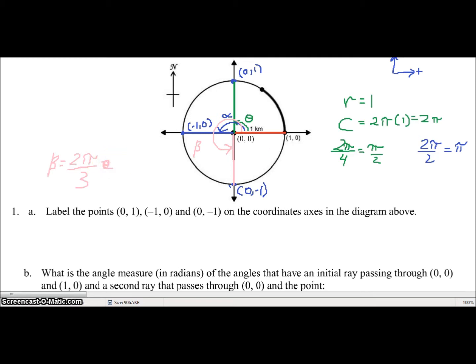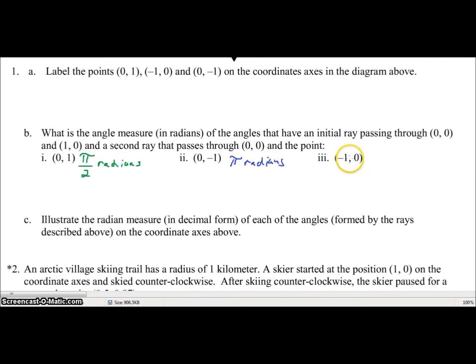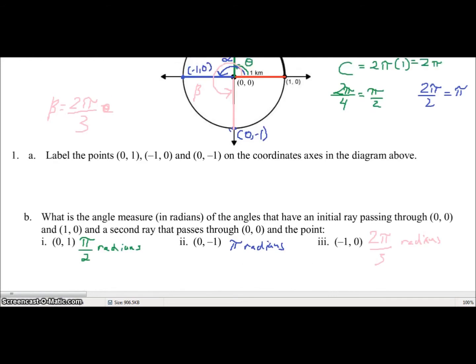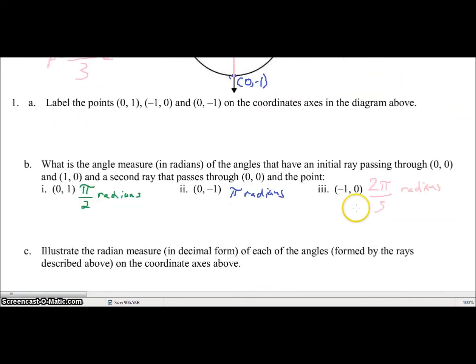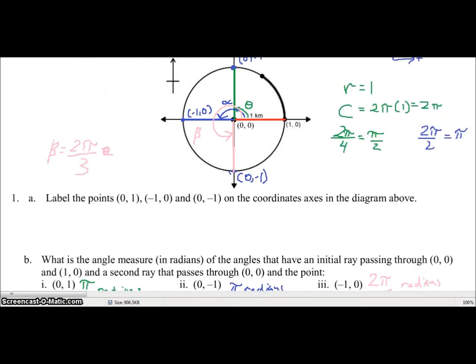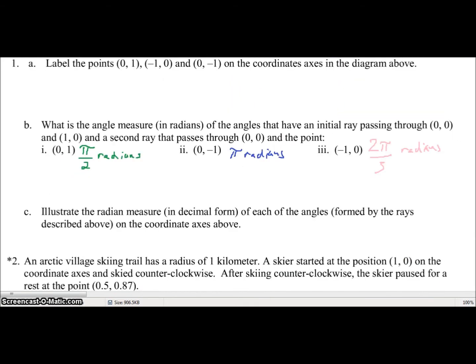That's good enough. 2 pi over 3 radians. Again, this goes back to the definition of radians. That angle cuts out 2/3 of the circumference of the circle. And since the circumference is 2 pi, then it's 2 pi over 3 radians. Or really 2 pi over 3 radii go all the way around. Radii, I should say.